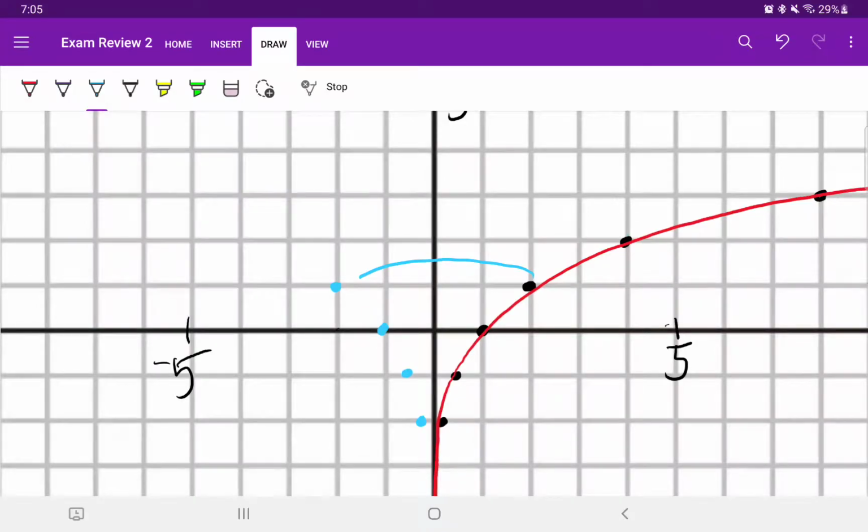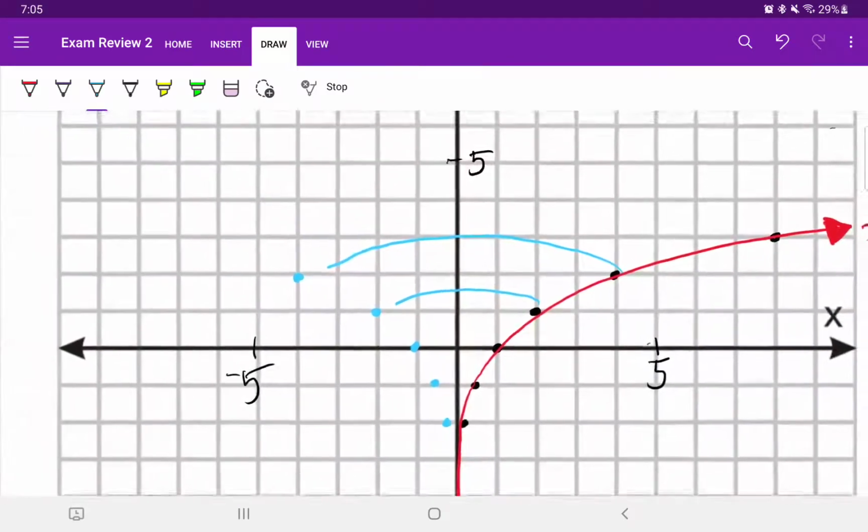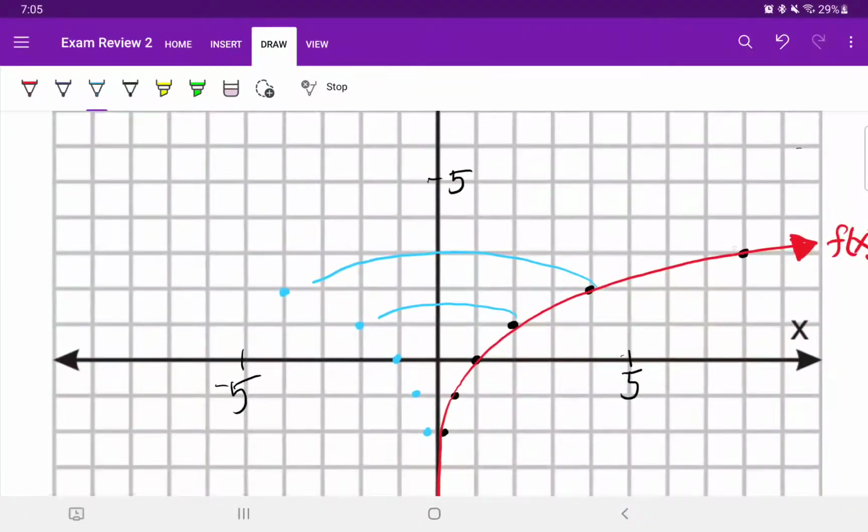We have the point right here of 4, 2. Reflect that across the y-axis, that's going to be -4, 2. And then the last one we have here is going to be 8, 3. Reflect that across the y-axis. I'm not going to get too accurate for that one, but that's going to be the point of -8 and 3. We can erase that.